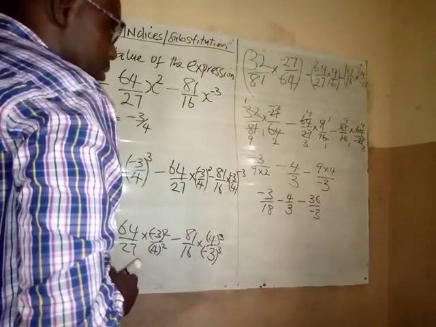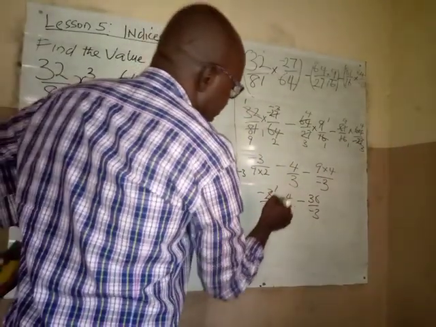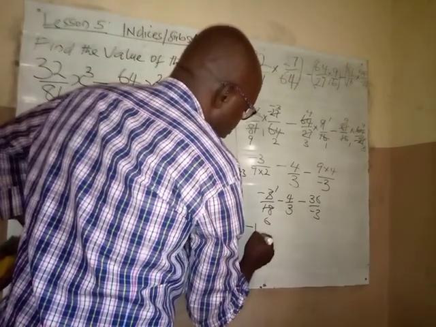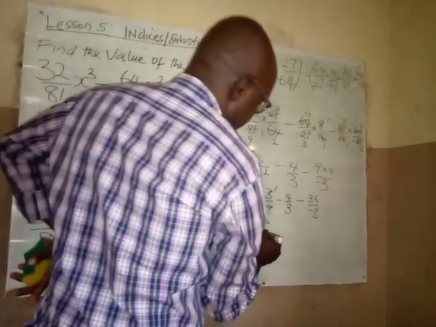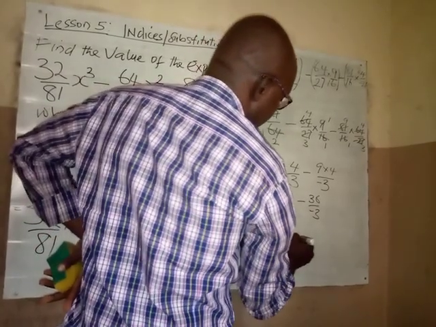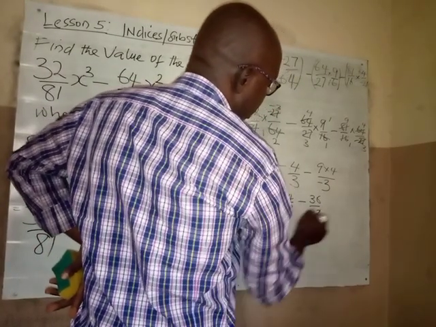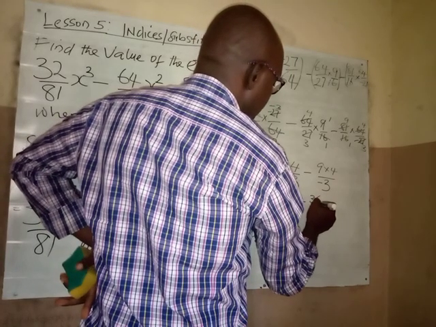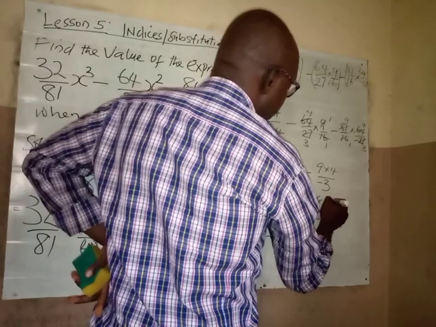I can still simplify. 3 goes here, 1 goes here, is 6. So I have minus 1 over 6 minus 4 over 3, minus 36 over minus 3 gives me 12.